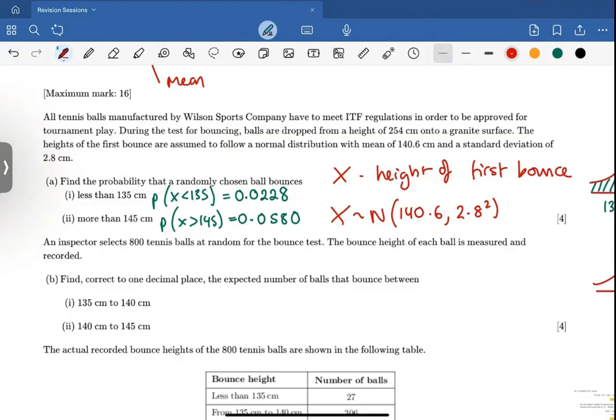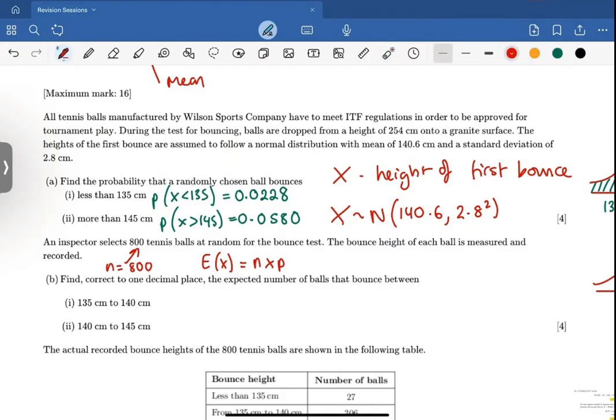So the expected value formula is the amount of times that we do something, so here 800, multiplied by the probability of each thing happening. Now we know the probability less than 135 and more than 145, but we don't actually have the probability that a ball will bounce between these things yet.